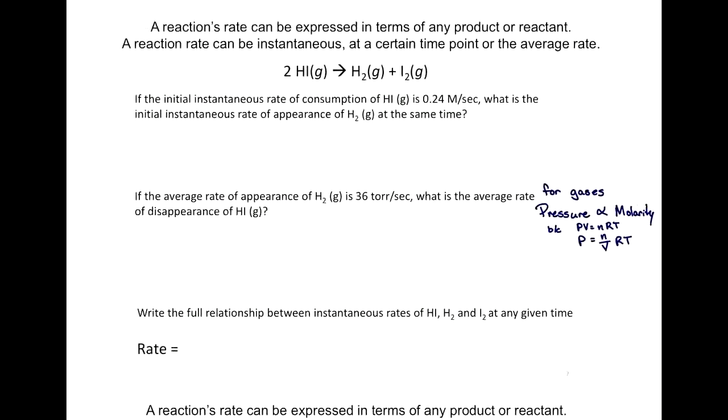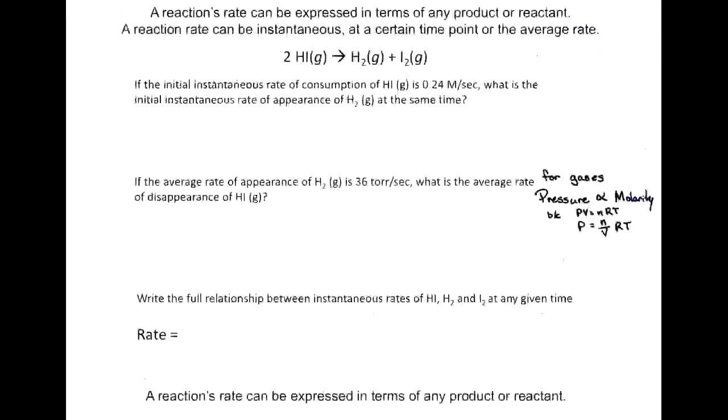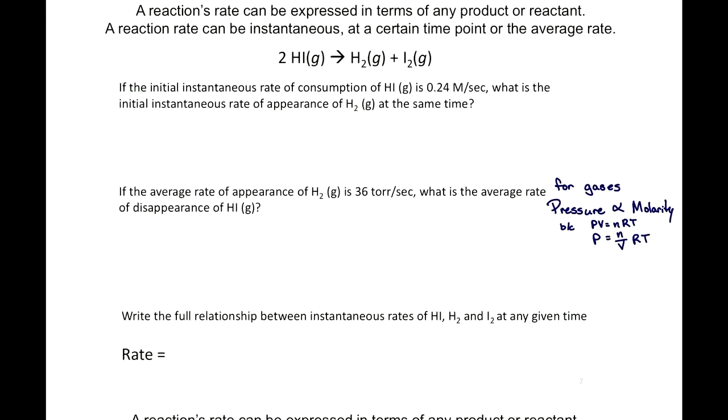Okay, so let's just do one more, but for an actual reaction. Again, just think cheese, bread, sandwiches. So if I tell you the rate of consumption of HI is -0.24 molarity per second, I forgot the negative because this is a reactant.